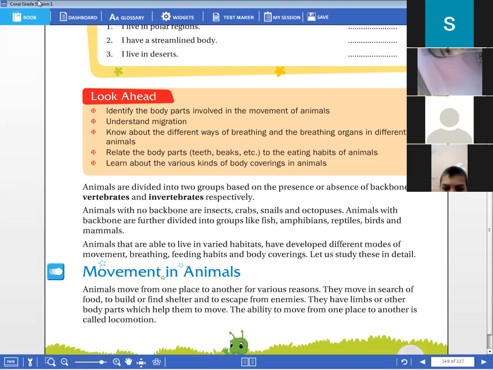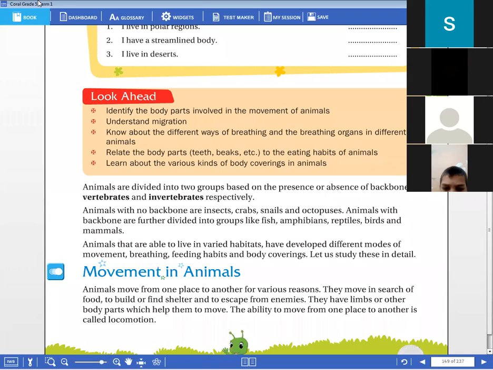Animals with a backbone are further divided into groups. Again, children, the animals with backbone are divided into groups like fish, amphibians, reptiles, birds, and mammals.